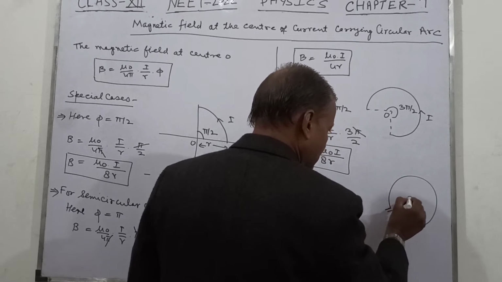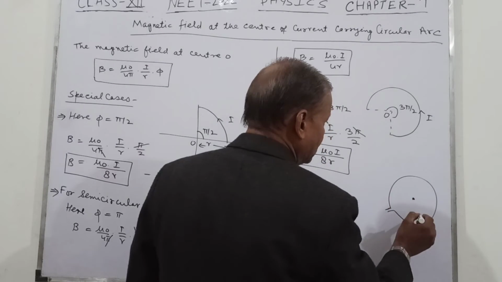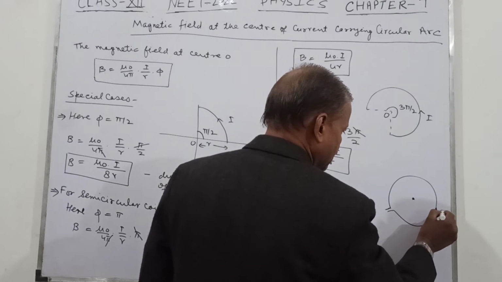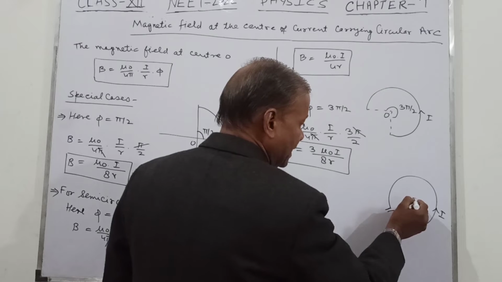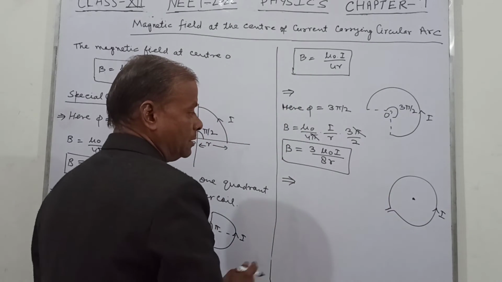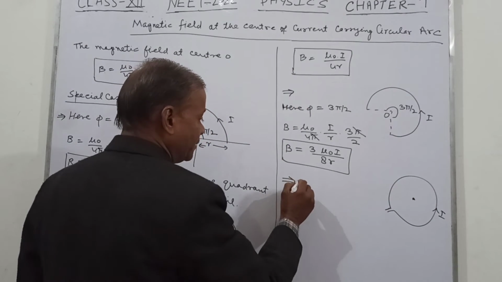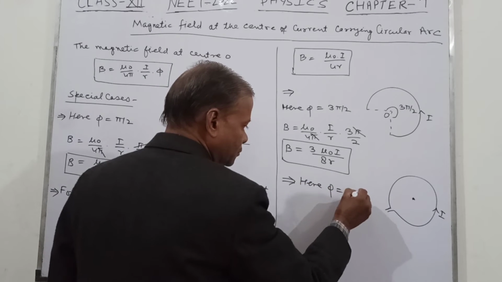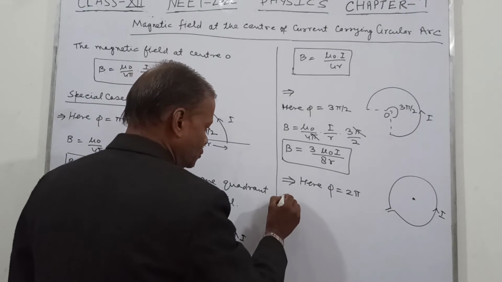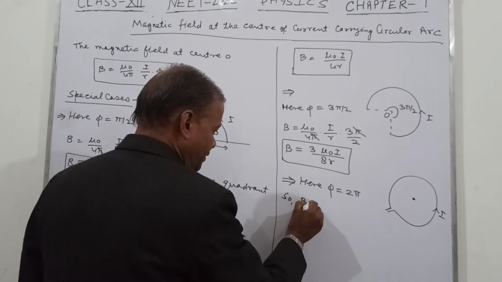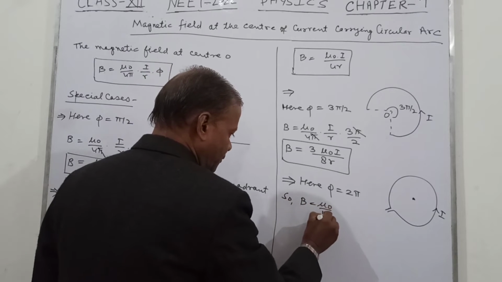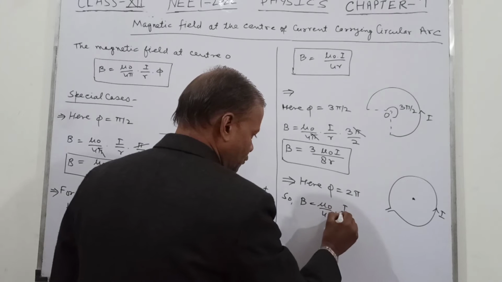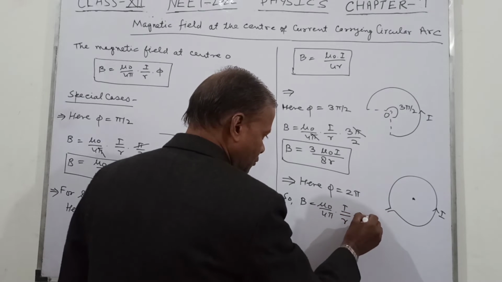This is now simply carrying the current I. Then the angle at this will be now phi. Here phi is equal to 2 pi. So B equal to mu naught upon 4 pi into I upon R into 2 pi.